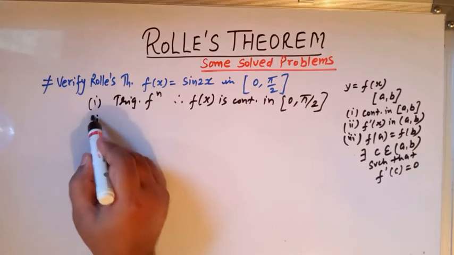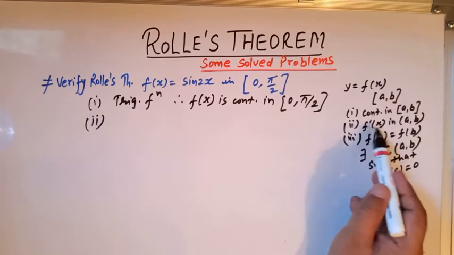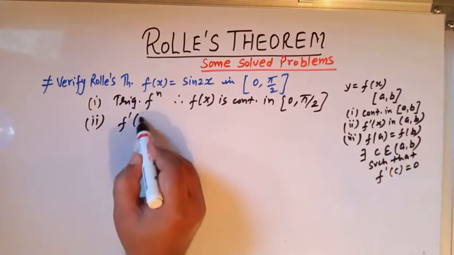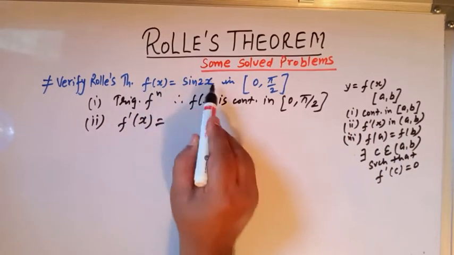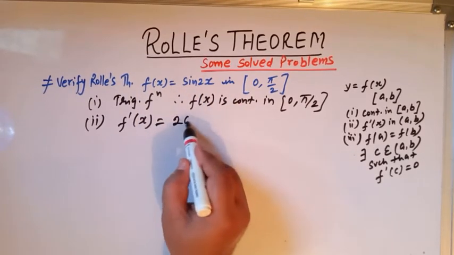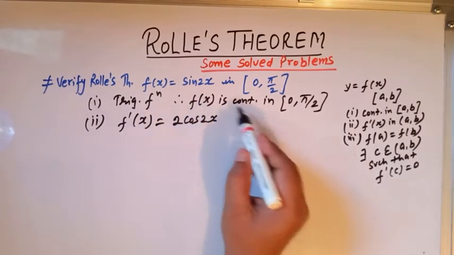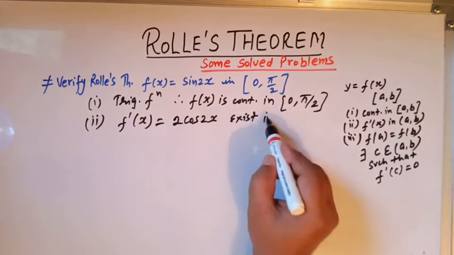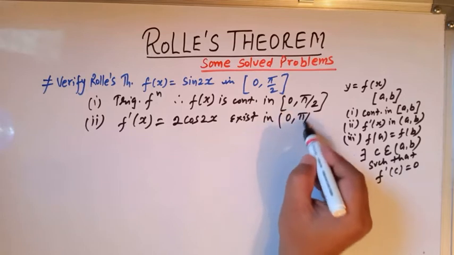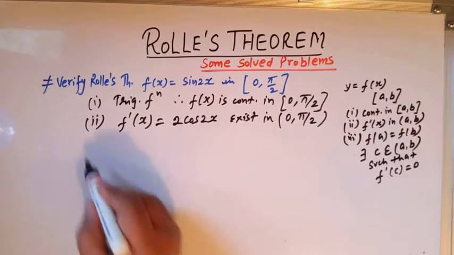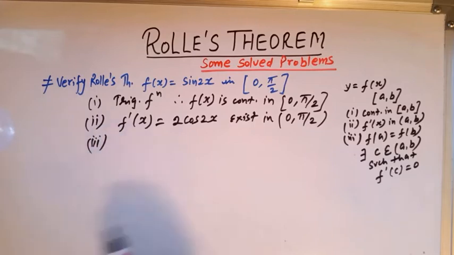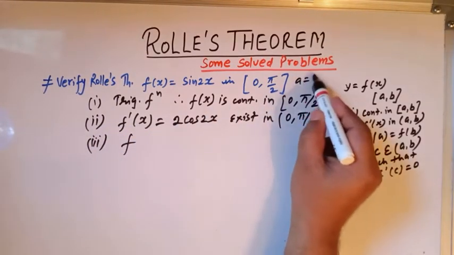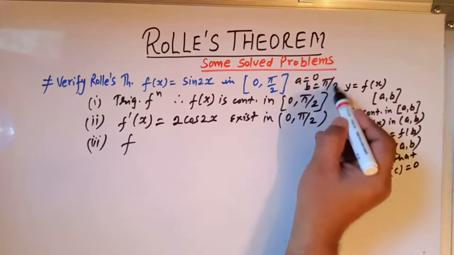Clear? The second one is f'(x), the derivative of f, sin 2x is 2 cos 2x, and it obviously exists in (0, π/2). Clear? And the third one is, let us see f(0), because here a is 0 and b is π/2.